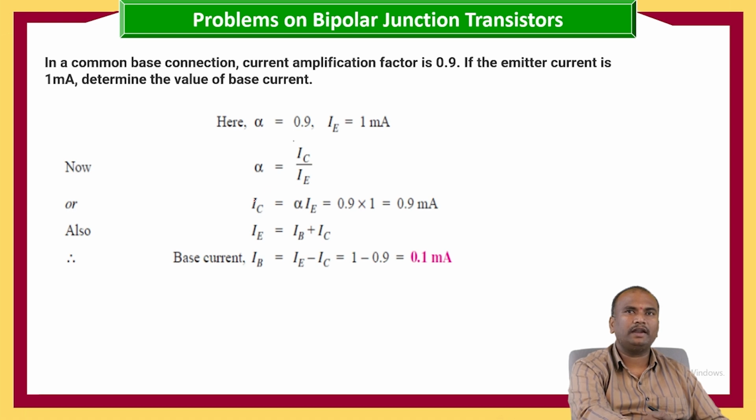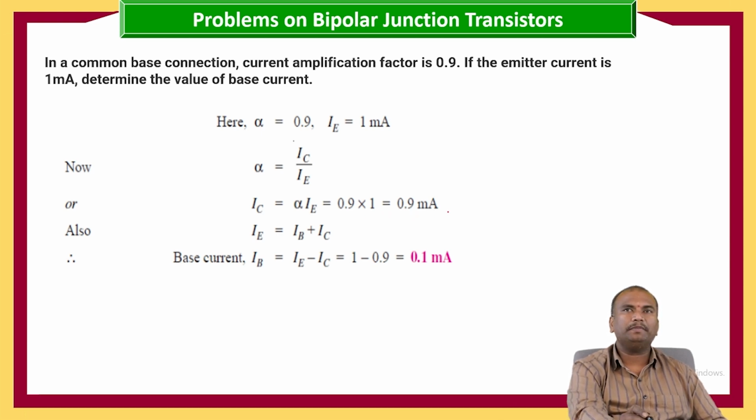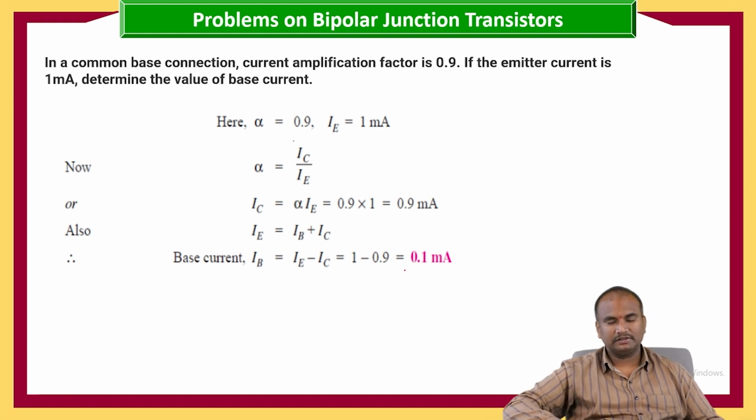From this equation, we can take IC is equal to alpha into IE, which is equal to 0.9 into 1, which is 0.9 milliamperes. Where IE is equal to IB plus IC, IB is equal to IE, 1 milliampere, minus 0.9 milliamperes, that is equal to 0.1 milliamperes.